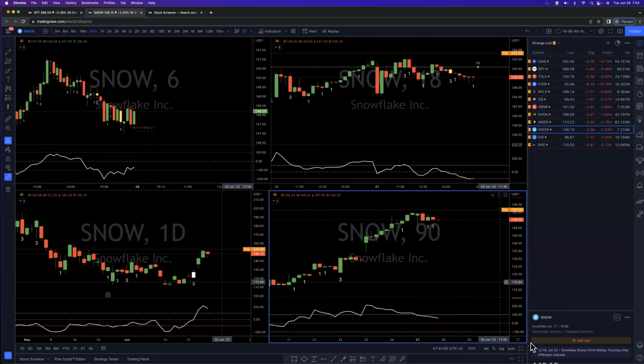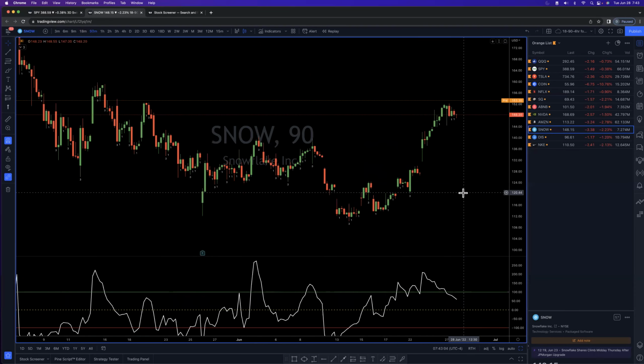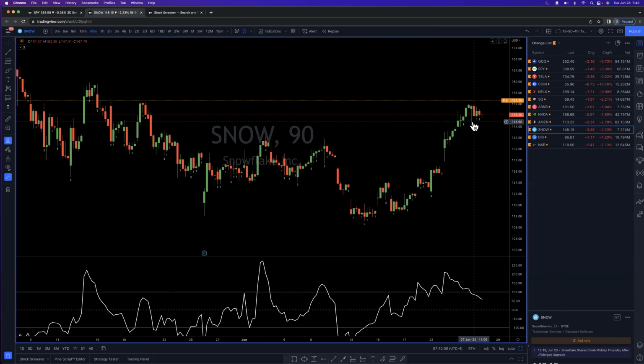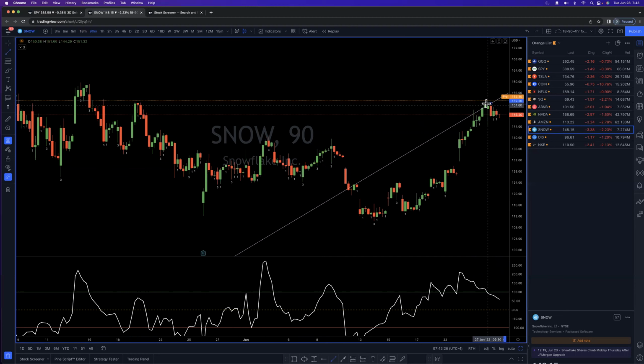Let's do it off the 90. Okay, so we know we want price to trade above yesterday's high, which is this candle here. We have this outside bar here. So it looks like it's trying to take this range. If the market trades higher, maybe we can get this move to the upside.